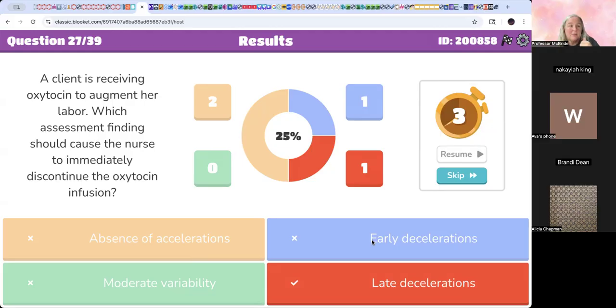Early decelerations are caused by what? What causes early decelerations?